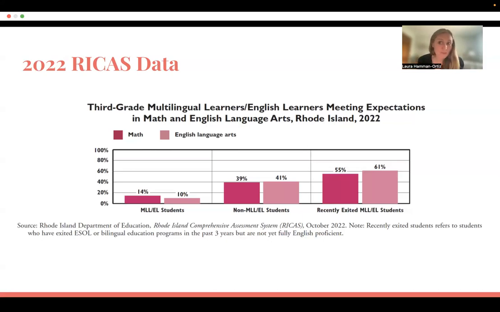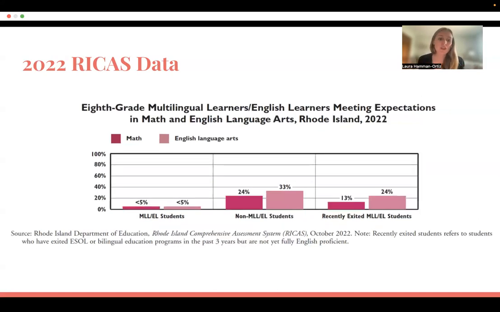So there's obviously work to be done, but this is a much more holistic picture of how MLLs are performing in the state. In eighth grade, we don't see those same kind of gigantic gains, and we don't see recently exited MLLs outperforming non-MLLs. But again, we do see that they're performing at higher levels than MLLs. So it's an important part of the picture, right, when we're thinking about student performance and how we're interpreting data.